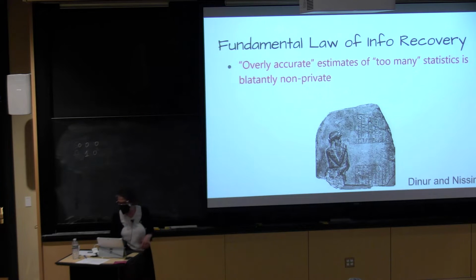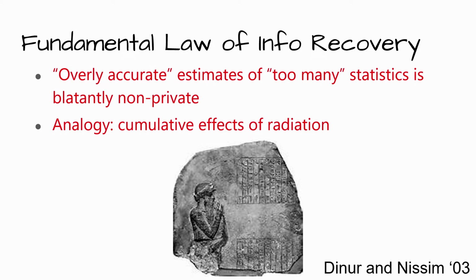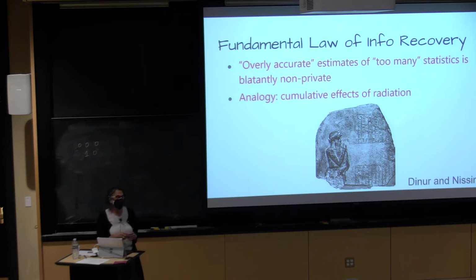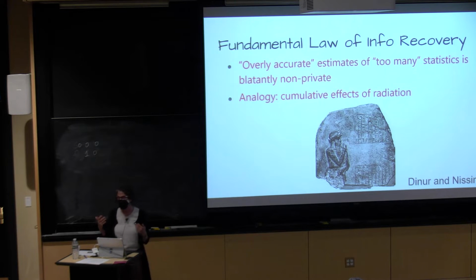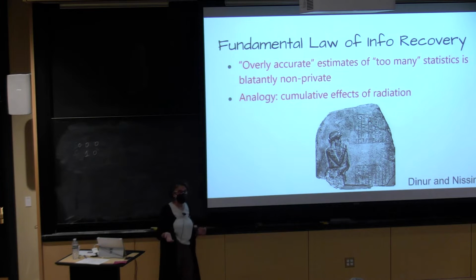And a good analogy might be to the cumulative effects of radiation. Small dosages of radiation can add up to cancer-causing exposures. And the effects are cumulative, and the same is true with privacy loss.